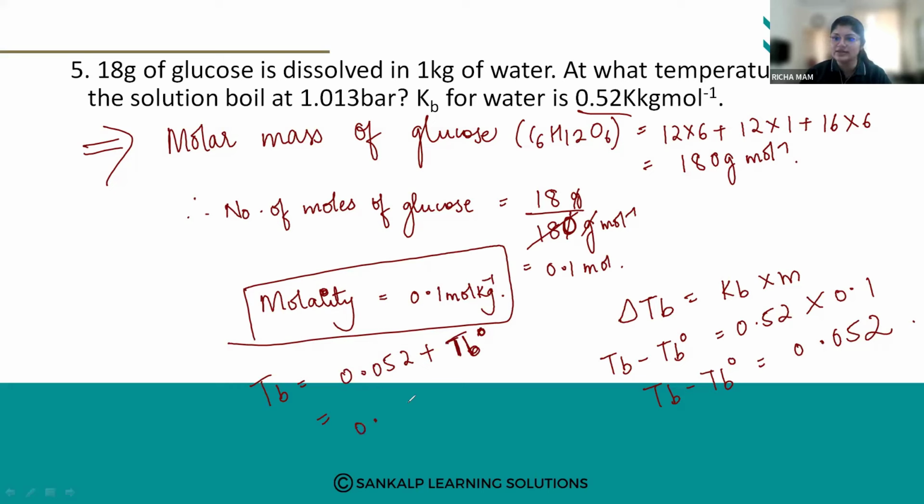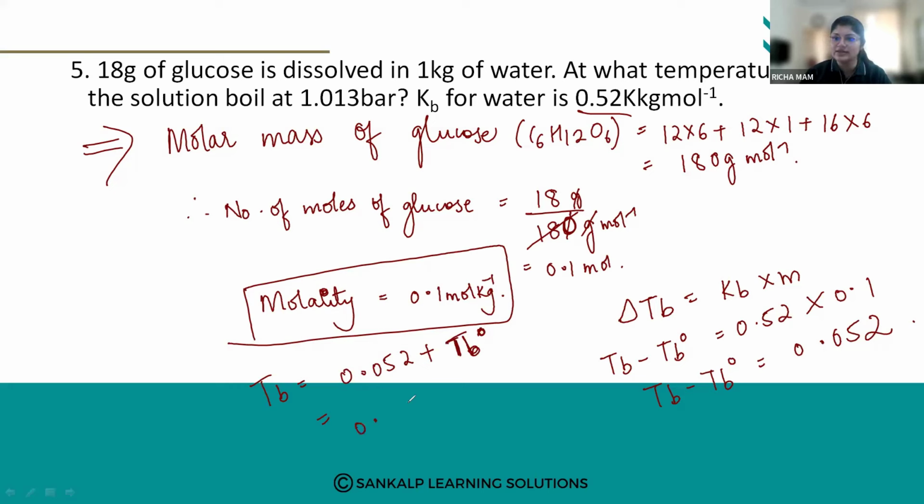So 0.052 plus 373.15 will be 373.202 Kelvin. So this is the temperature at which the solution boils.